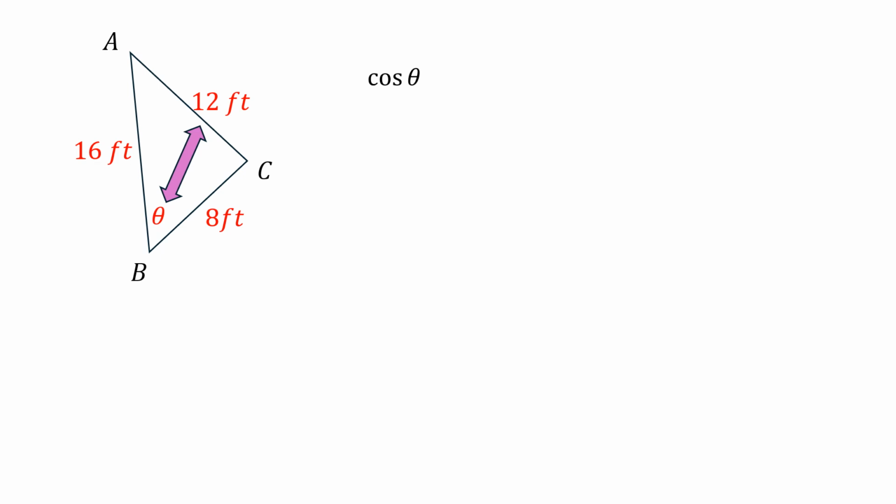So it's cosine theta equals b squared plus c squared, where b and c are the two sides at the side of the included angle, minus a squared, where a is the side opposite to the angle theta, which is the 12 feet in our given, over 2 times b times c.